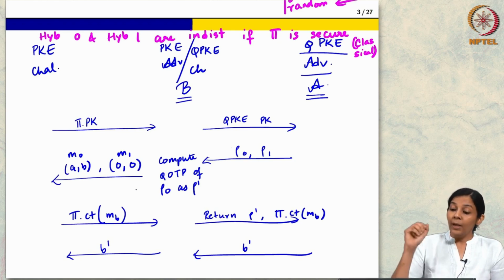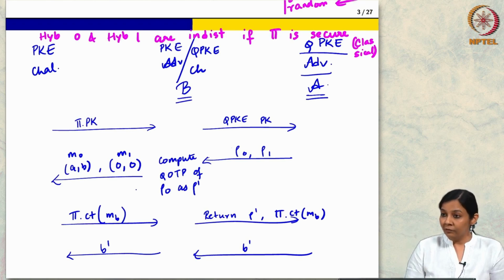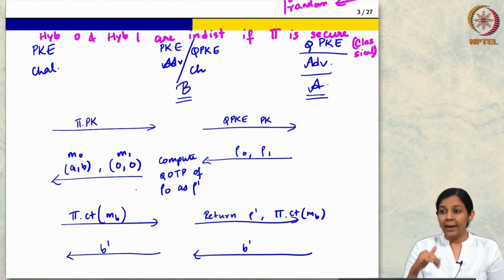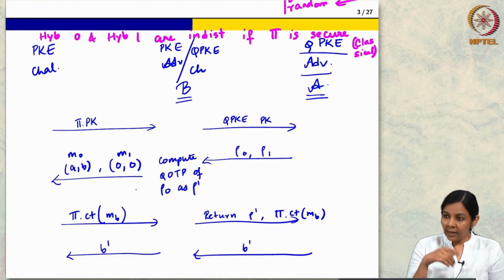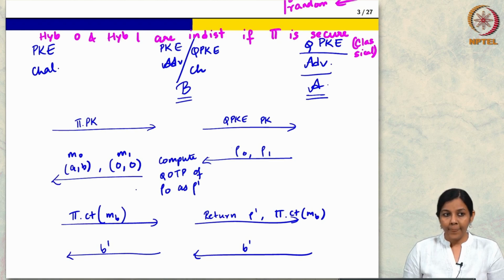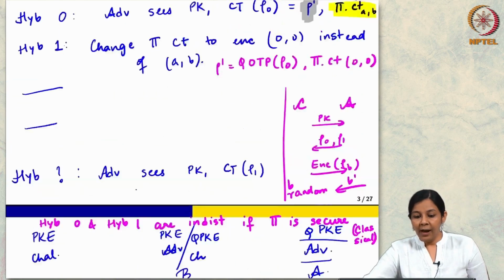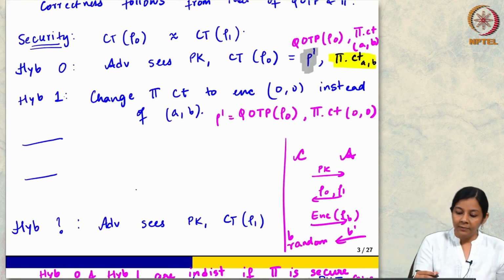So, it is only because of the existence of this reduction that I can claim that hybrid 0 and hybrid 1 are indistinguishable. It is because I can generate the other parts of the distribution simply by using what the PKE challenger is giving me. Is it fine? So, therefore, hybrid 0 and hybrid 1 are indistinguishable.